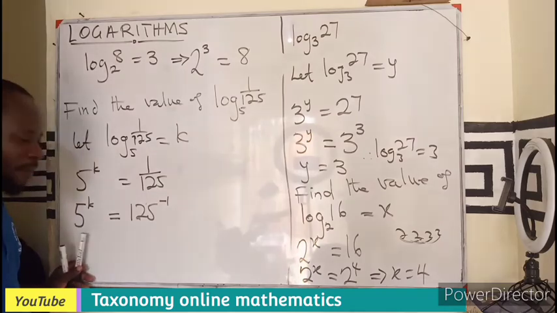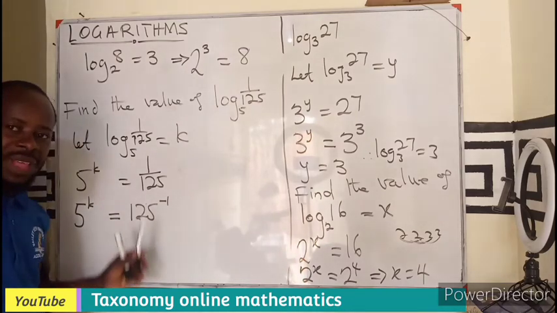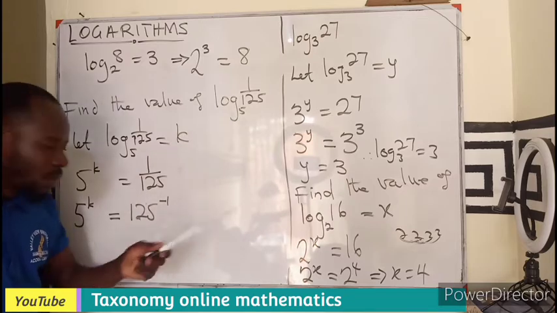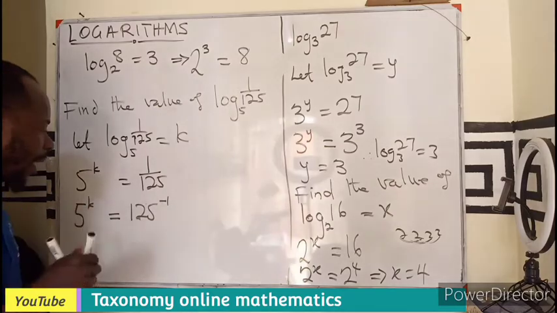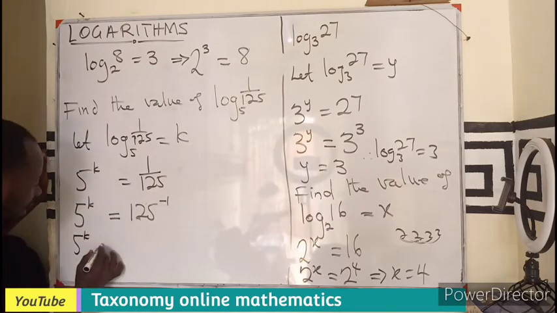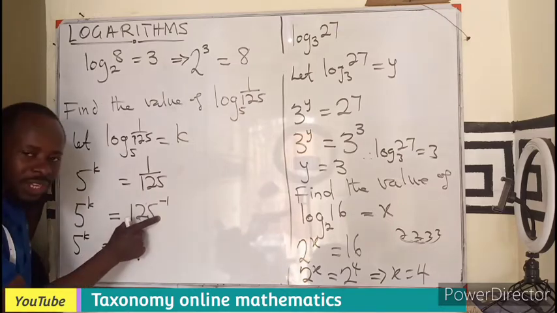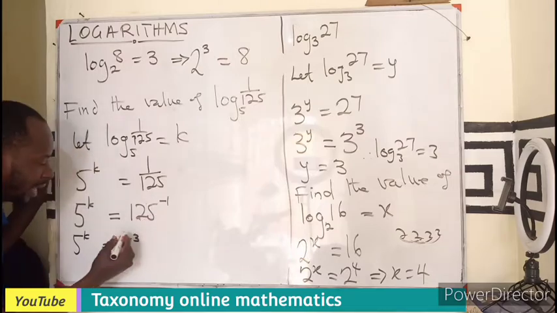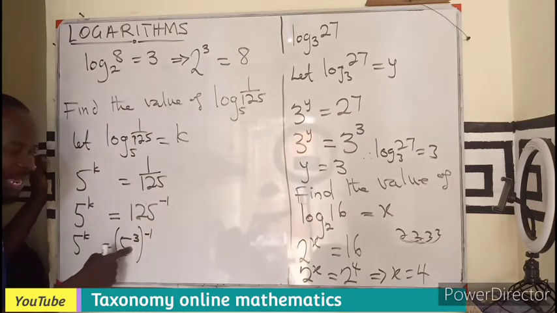The base is 5. We can also convert 125 to base 5. So this is going to be 5 times 5 times 5. How many times to give us 125? I believe that will be 3 times. So 5 exponent k equals 5 exponent 3, that produces 125. But there is already a power of minus 1, so we let that be there.